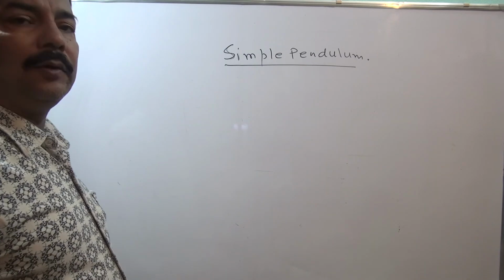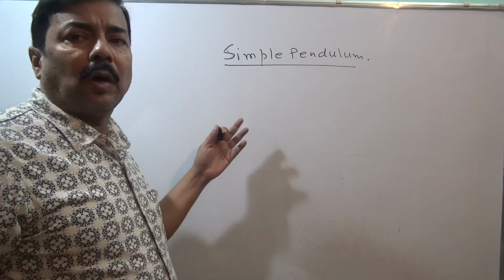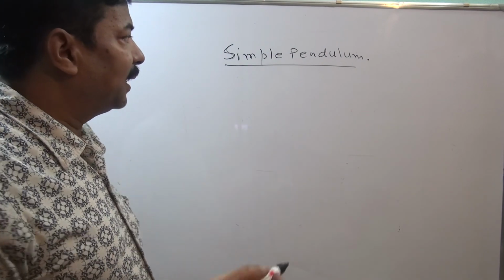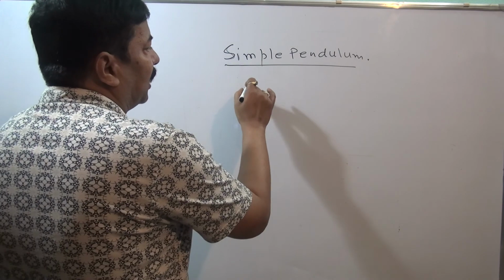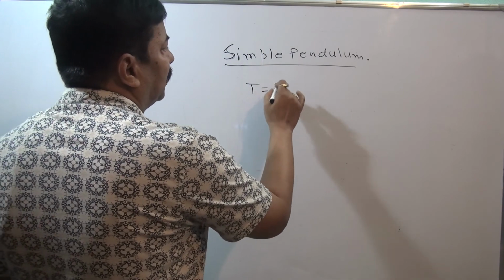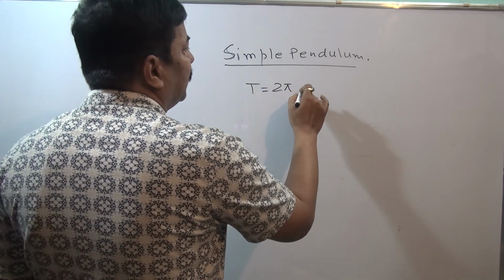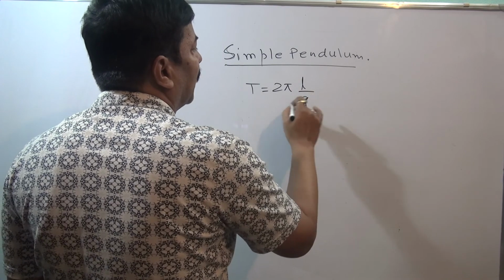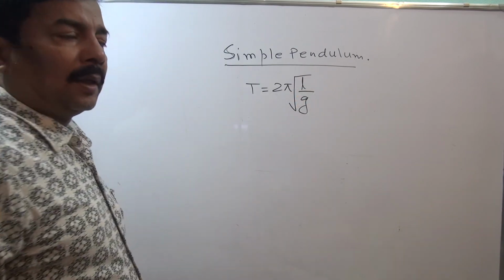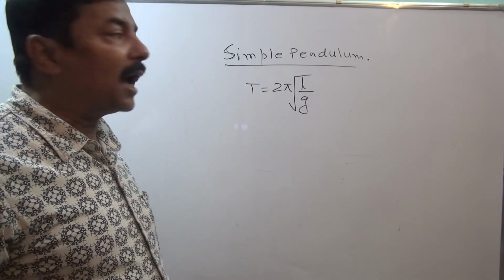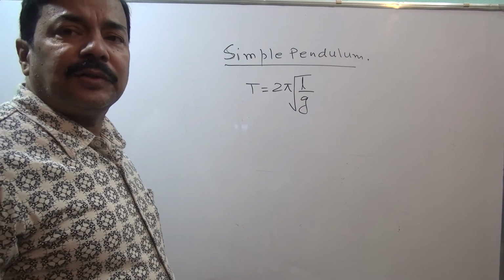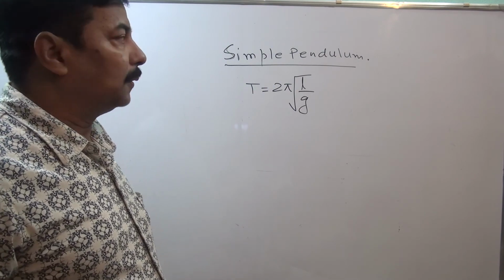In simple pendulum, the detail will be taught to you in the mechanics section. Here I will only tell you that the time period of simple pendulum is given by T is equal to 2 pi root under L by g. A few years back, watches used the pendulum clock.